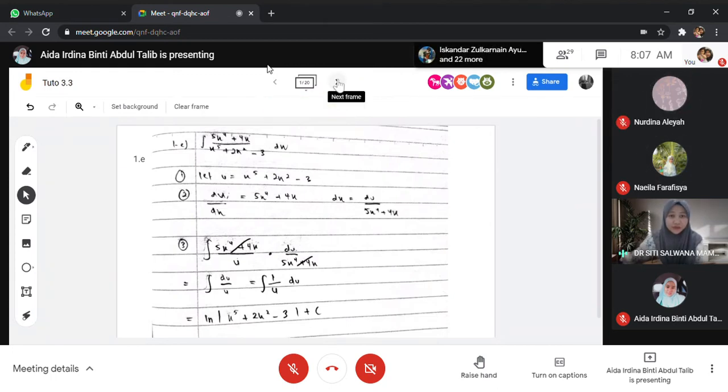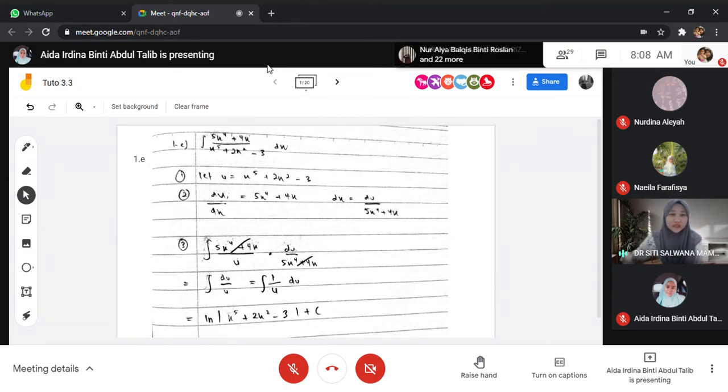Basically untuk u substitution, kita akan pick the highest degree as you punya function of u lah. Which mean kat sini you punya denominator kita jadikan dia as function of u lah. Then you differentiate u.